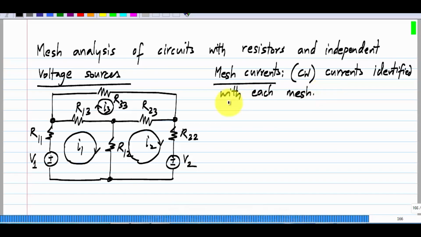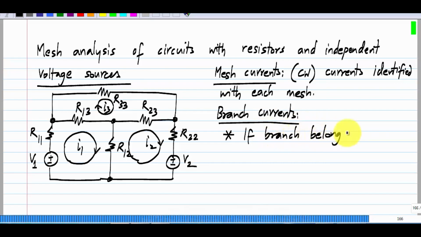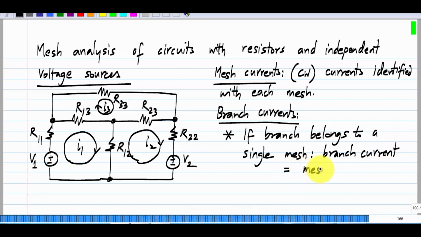Now the currents in the branches: if the branch belongs to a single mesh, then the branch current equals the mesh current.